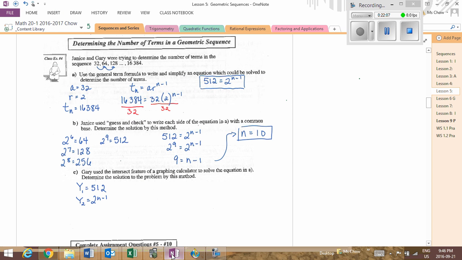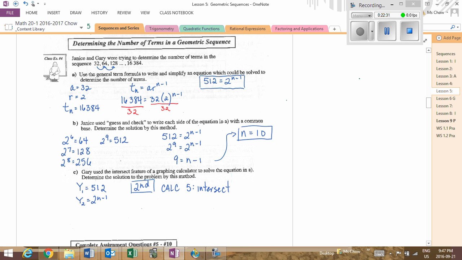Excellent. So let's go back, and you don't need to write this down, or maybe you don't need to write it on a test, but certainly right now you might want to make note of it. You're doing second, calc, and you're going to calculate the fifth option, which is the intersect.